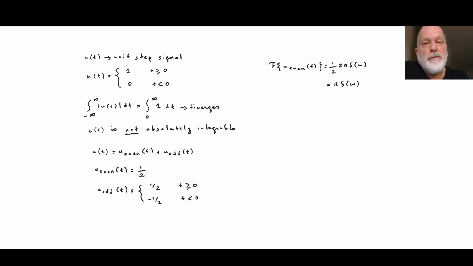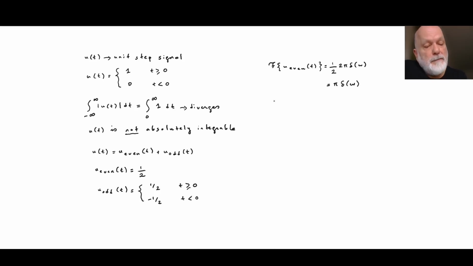This is due to the fact that u(t) is not absolutely integrable. Therefore, we do not expect that its Fourier transform in magnitude is finite for all omega between minus infinity and plus infinity. And here we observe that, in fact, at omega equal to 0, we have an infinite magnitude of the Fourier transform coming from the even part.